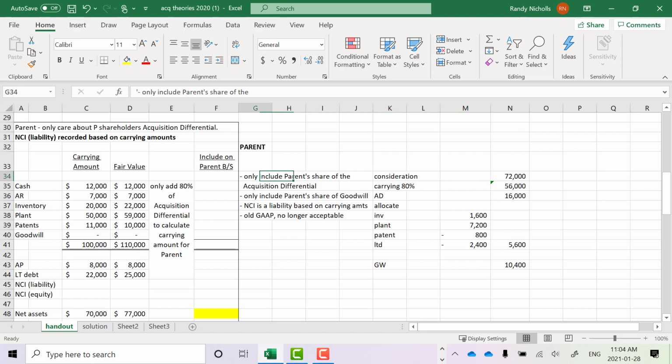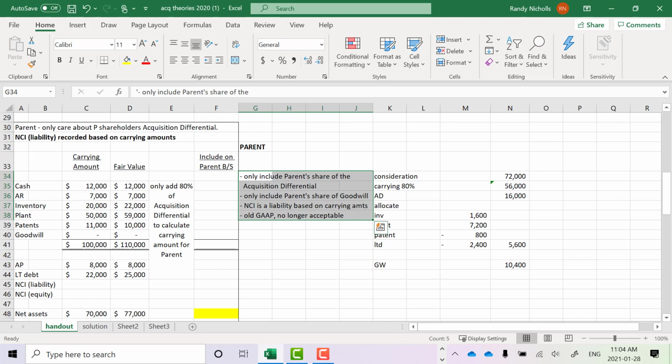So again, this method you're not responsible for, but I do want to just walk through this step. We're going to include all of the carrying value of the assets and liabilities, the net assets, because we control them all.